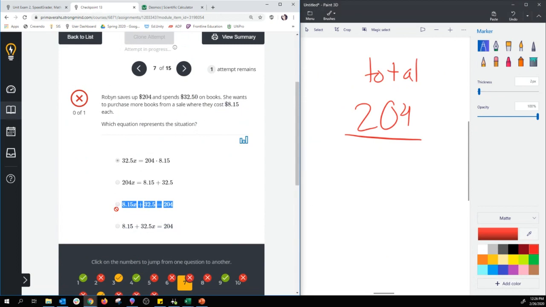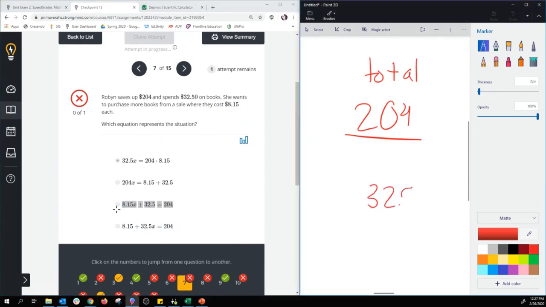So that means that my variable is going to be attached to my $8.15. Okay, because that $32.50, this she only spent one time. She only spent that amount once. But this $8.15, she's going to spend that multiple times. Okay, so writing equations from word problems it's not easy. It is tricky. You just kind of have to really read them carefully and make sure you're understanding what the question is asking.